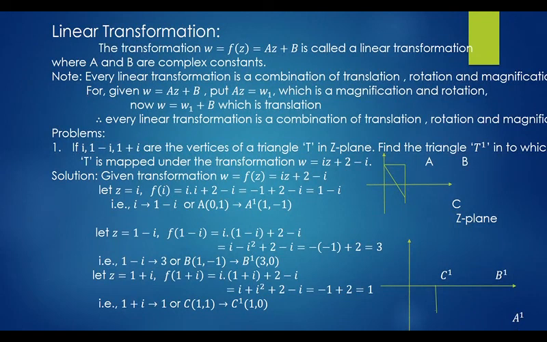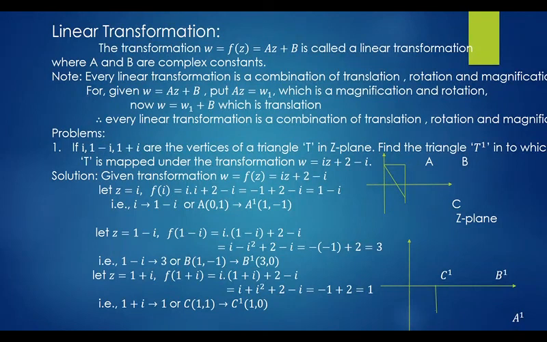The next vertex is 1 minus i. Put z equals 1 minus i in the given transformation. f of 1 minus i equals i into 1 minus i plus 2 minus i. After simplification we get 3. So 1 minus i is the point B in the Z plane, with coordinates 1 comma minus 1.